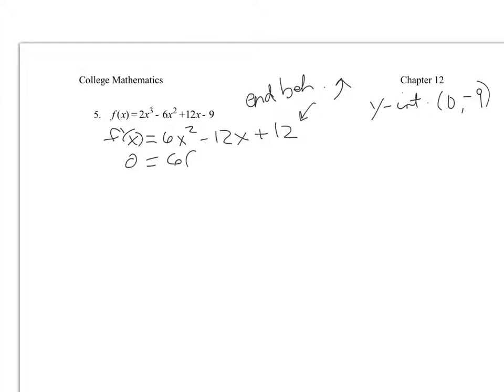So tell me what's going to be in parentheses. x squared, and plus 2. Okay. Is it going to be possible to factor that? Is there a pair of numbers that multiplies to give us positive 2 and adds to give us negative 2?